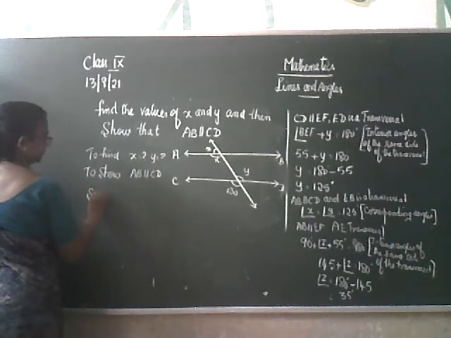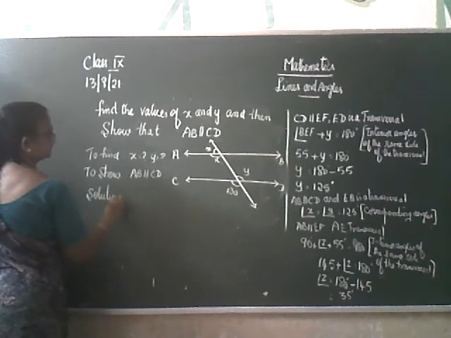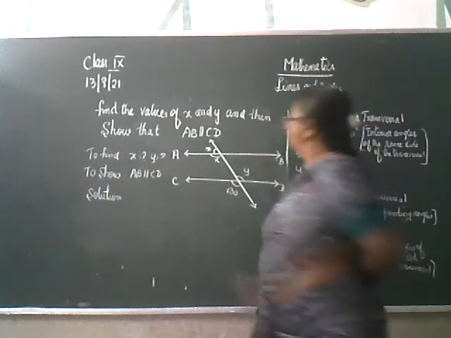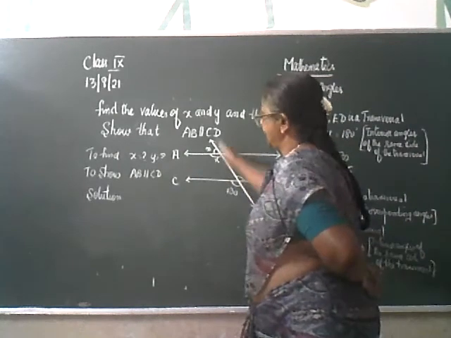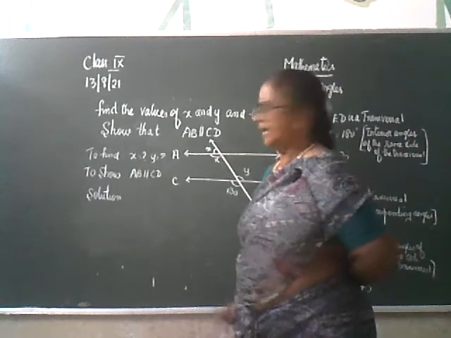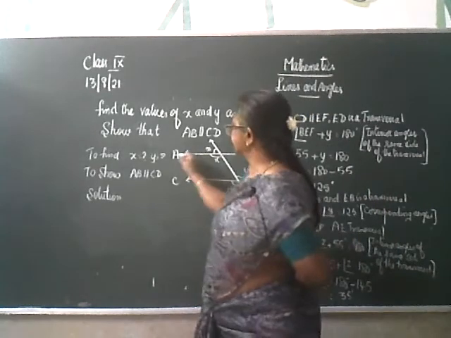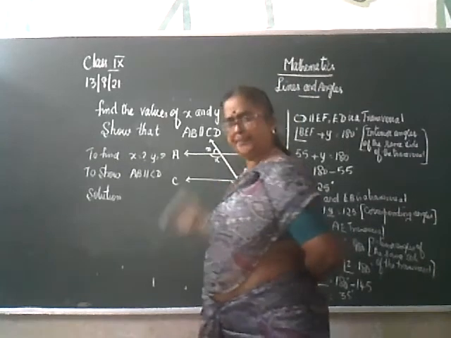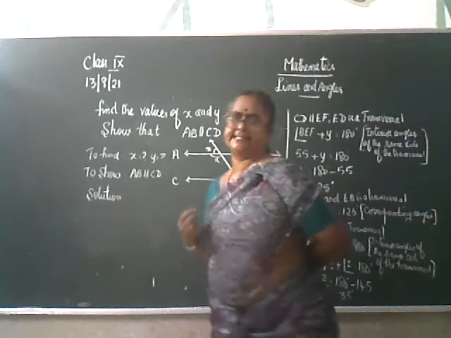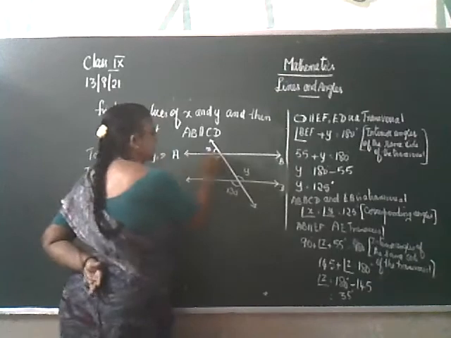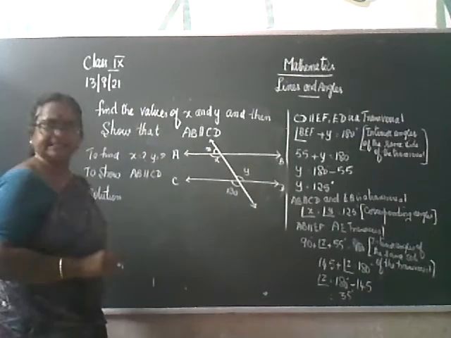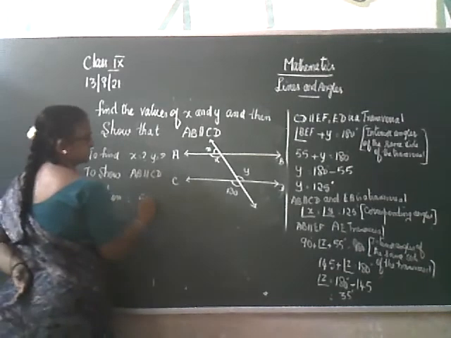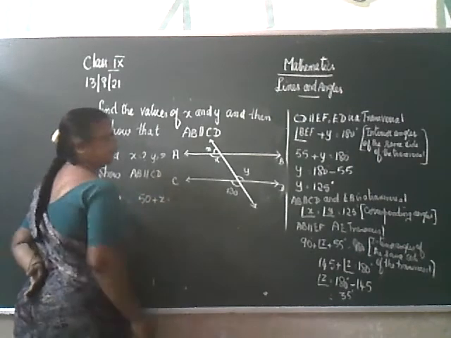So the solution is, when two lines are cut by a transversal, otherwise you can say when a ray stands on a straight line, the sum of the linear pair is equal to 180 degrees. So I can say if this is a ray standing on a straight line, 50 plus x is equal to 180 degrees.